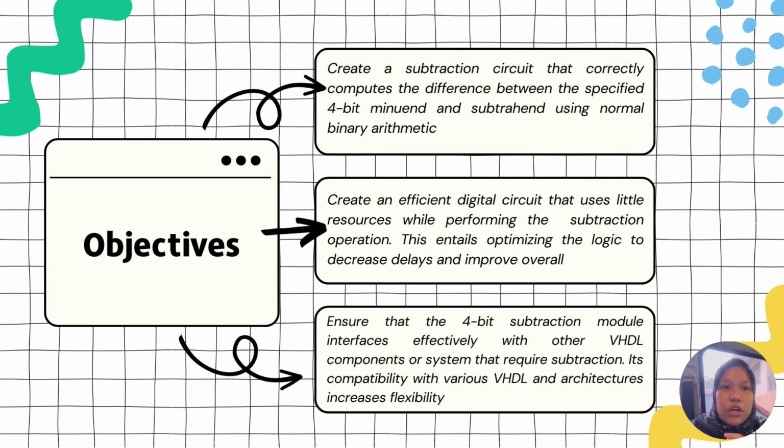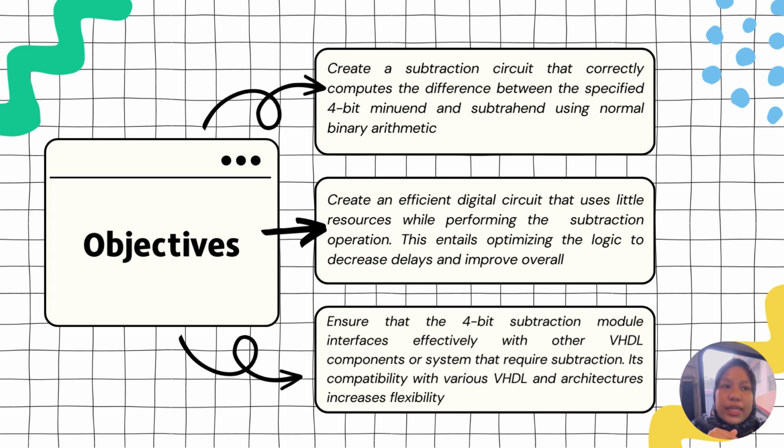This is the objective for 4-bit subtraction. Firstly, we create a subtraction circuit that correctly computes the difference between the specified 4-bit minuend and subtrahend using normal binary arithmetic. Second, create an efficient digital circuit that uses few resources while performing the subtraction operation.